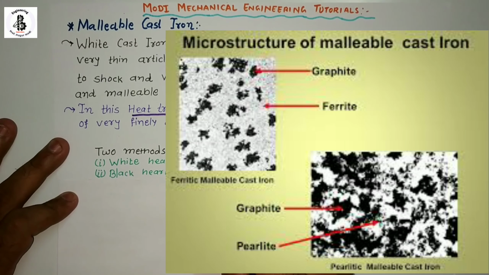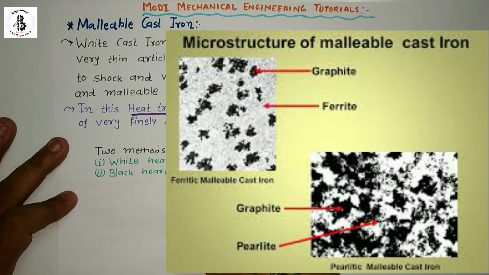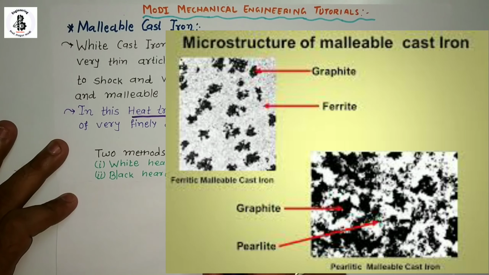They are produced by the annealing, or malleabilizing, process in an inert atmosphere. So the first one uses an oxidizing atmosphere, and the black heart uses an inert atmosphere. In the case of black heart, decarburization is not present.